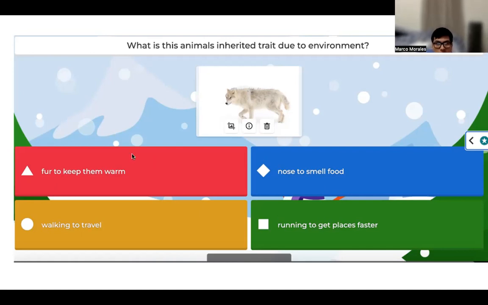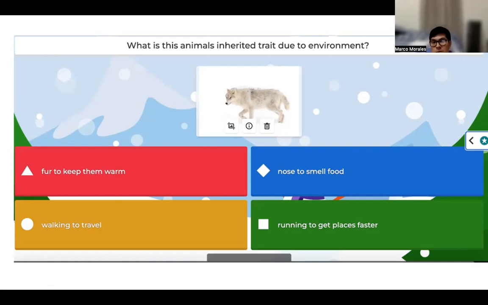Can anyone tell me why the circle isn't the correct answer, walking to travel? Why do you think that's not the correct answer? What do you think, Mohammed? Exactly, exactly. So Mohammed said walking to travel, walking is an action. So that's not an inherited trait, but that's a learned trait.